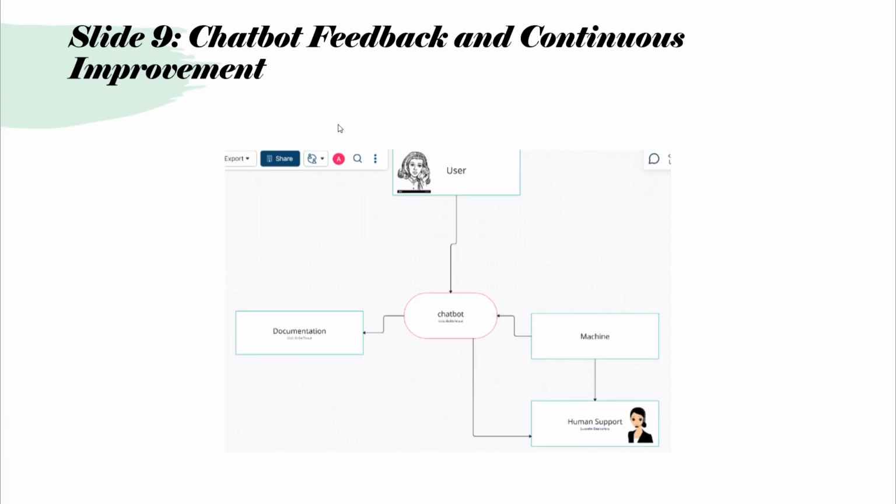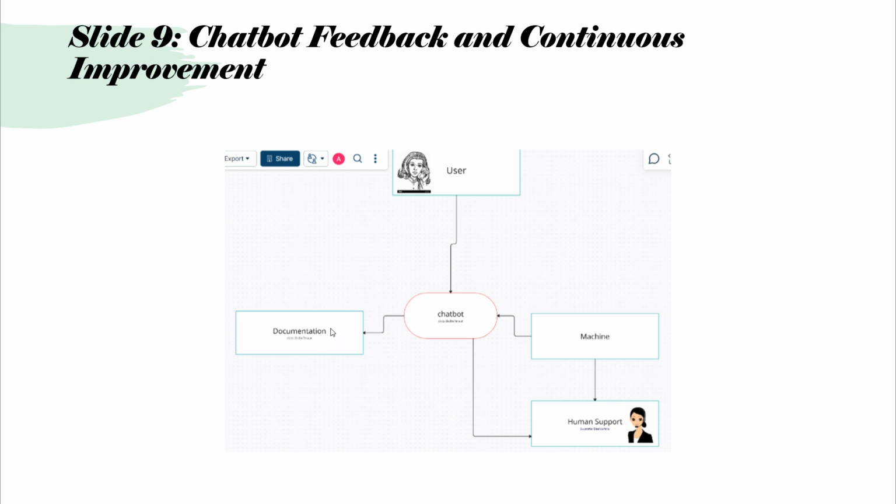Now, I have this flowchart which talks about how the user communicates with the chatbot and with the human support. Here we have the user. The user makes a phone call to solve a problem. So the chatbot receives the message. When the chatbot receives the message, it goes straight to the documentation.